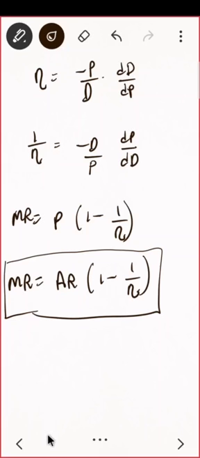And one last part is also there, but no question comes from it, but still we'll just quickly do that. That is marginal propensity to consume, denoted by MPC.